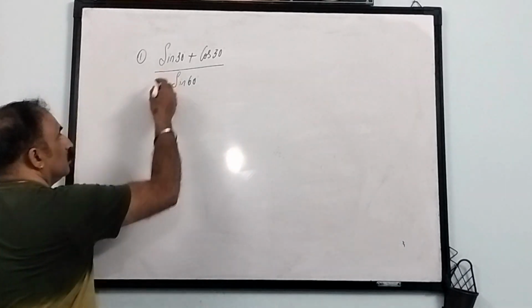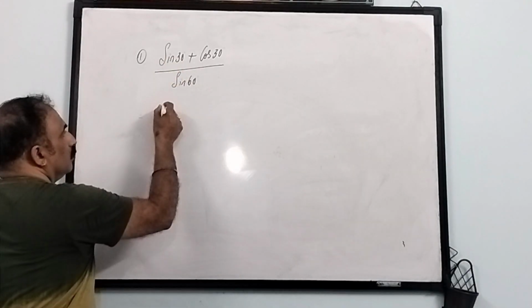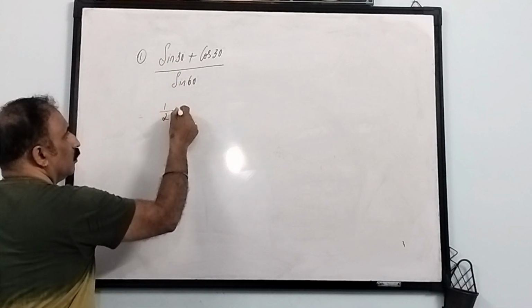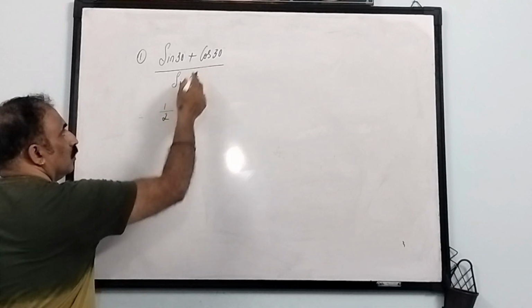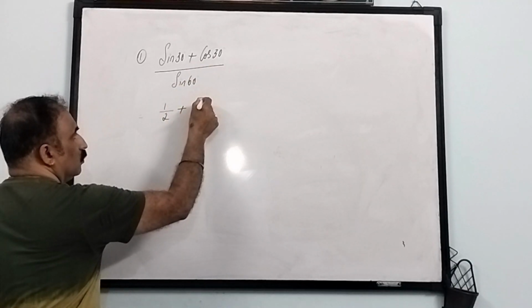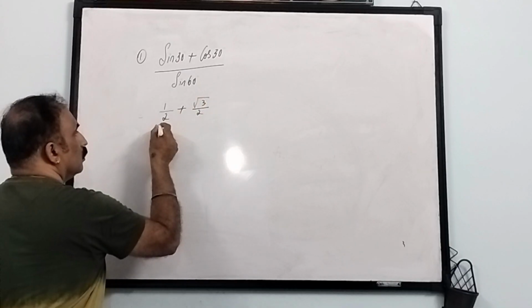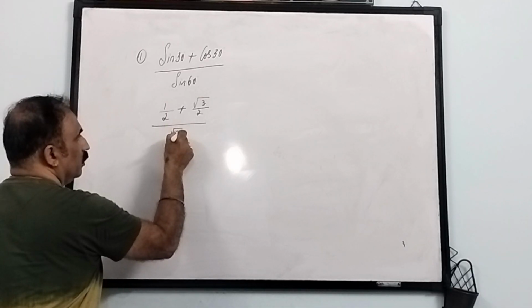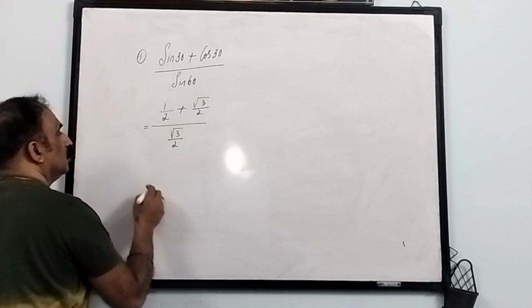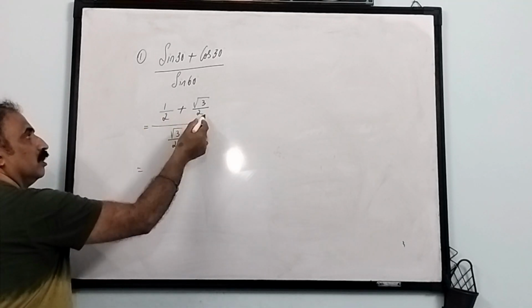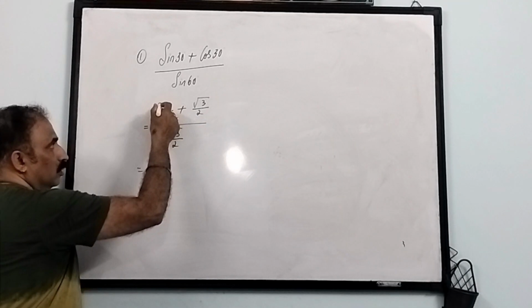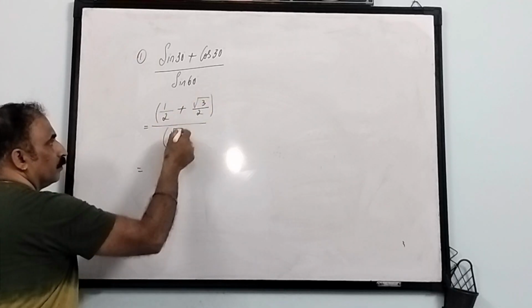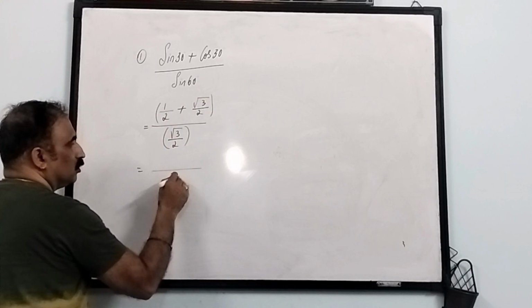Now here in this problem, sin 30 is 1 by 2 plus cos 30, which is going to be equal to root 3 by 2. Whole divided by sin 60. Sin 60 is going to be root 3 by 2. Now as you go ahead, in the numerator part the common LCM is 2.